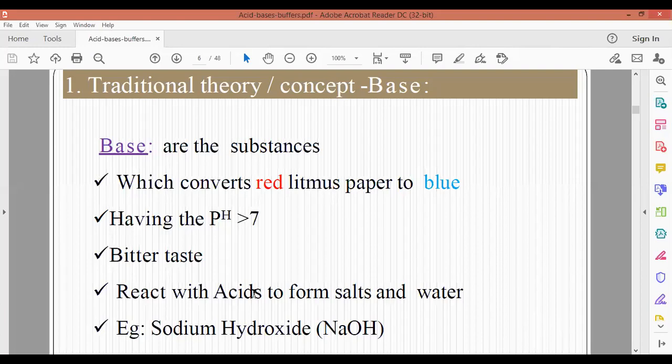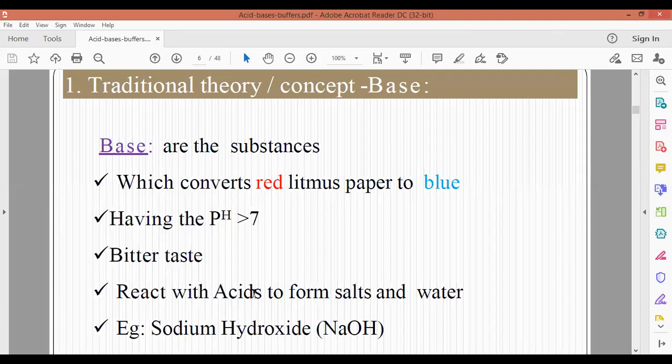So according to traditional theory, what is meant by a base? These are the substances which convert red litmus paper to blue, having a pH greater than 7, which show a bitter taste, and react with acids to form salts and water. All of these are called a base. If you write that a compound having a bitter taste is called a base, that is also correct.